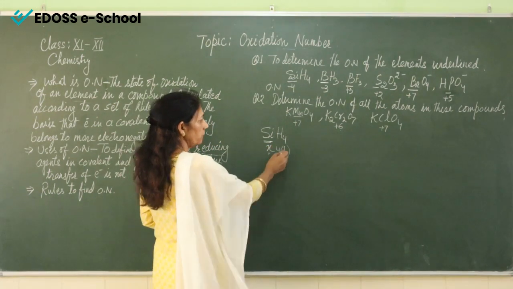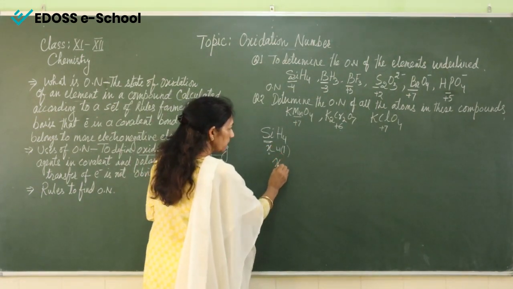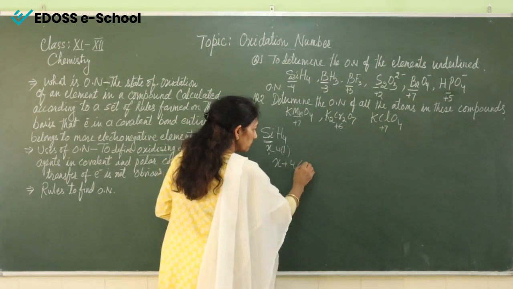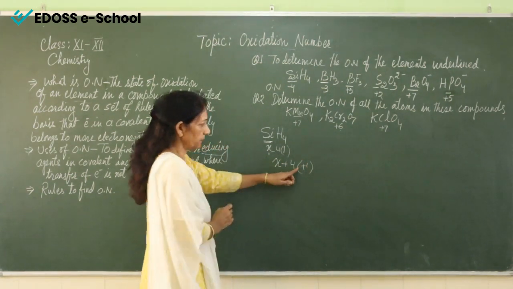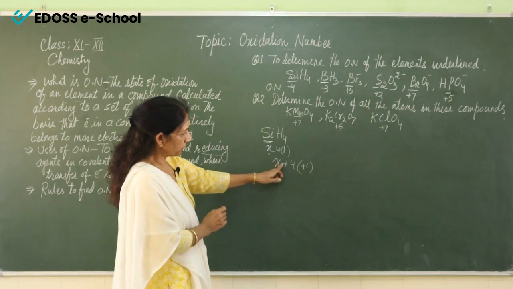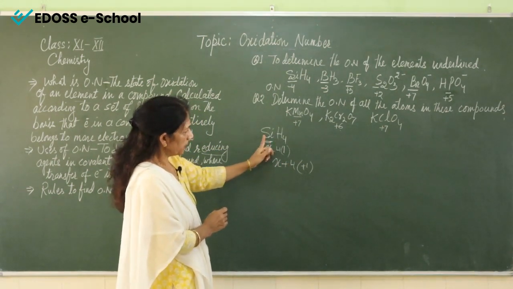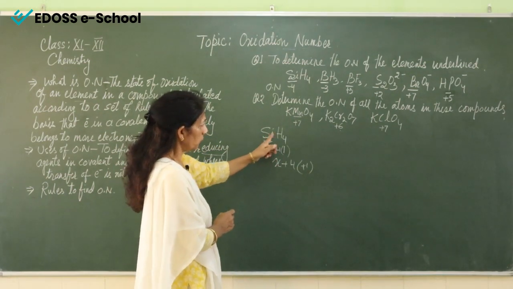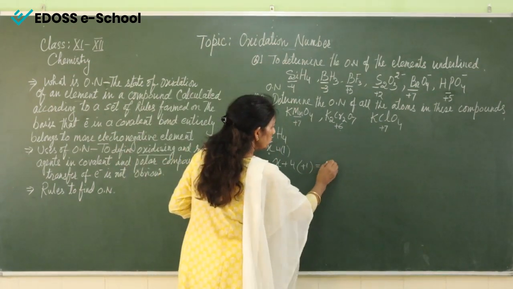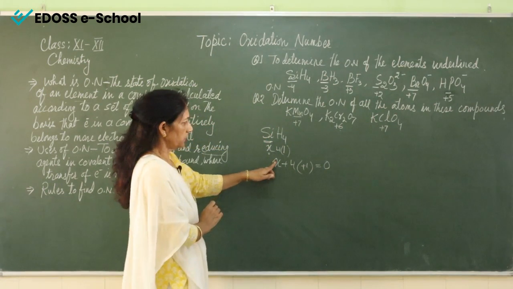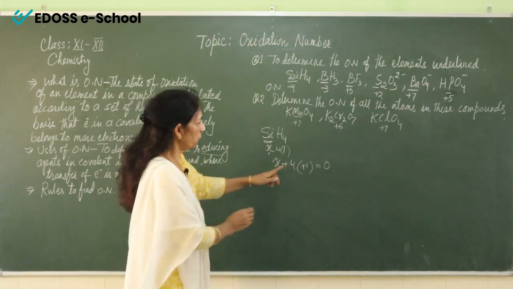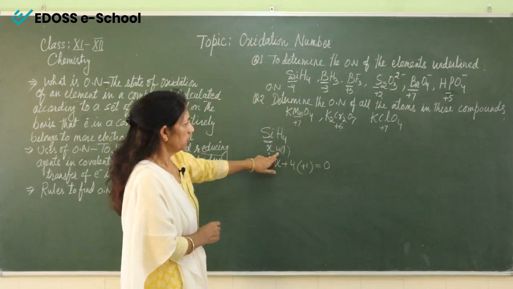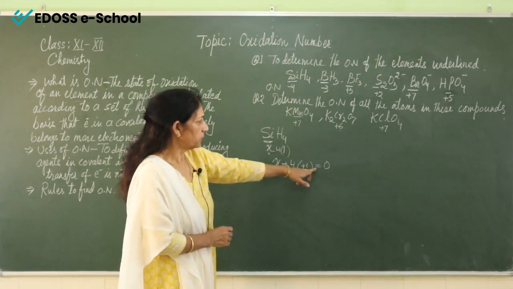So X plus 4 multiplied by plus 1, this is the oxidation number of hydrogen, and the sum of both must be equal to 0.